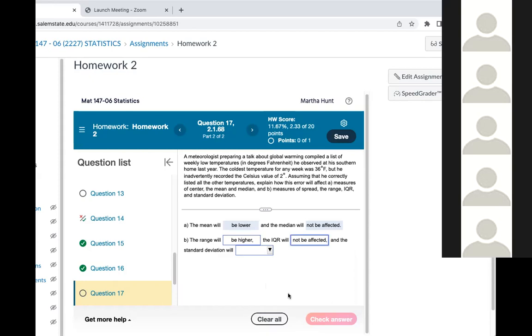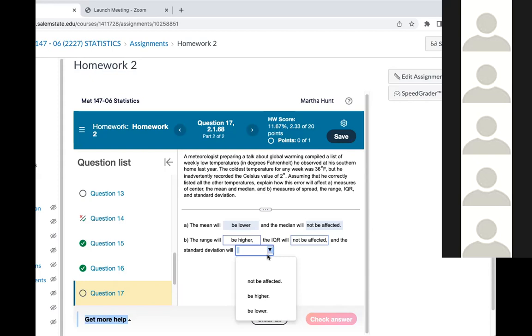What about the standard deviation? The standard deviation cares. It takes into account every single observation and measures how far they are from the mean. And this value is pretty far from the mean. So what's going to happen to the standard deviation? It will be affected.